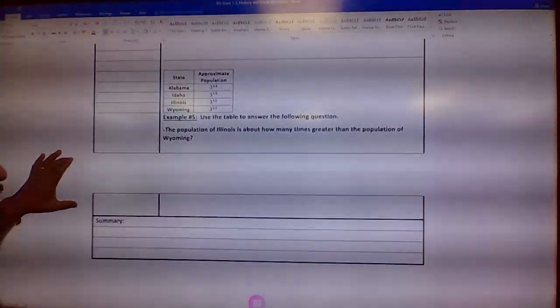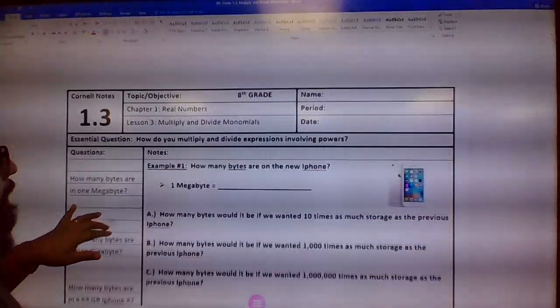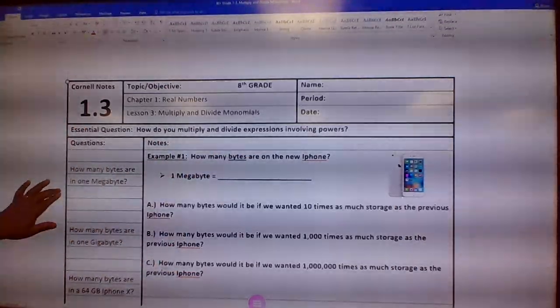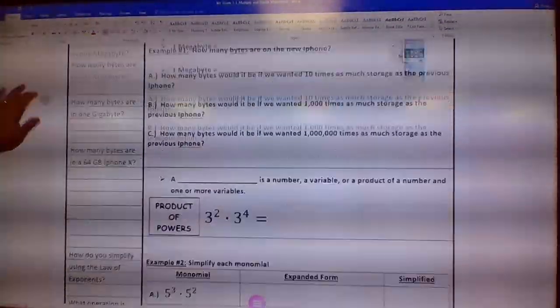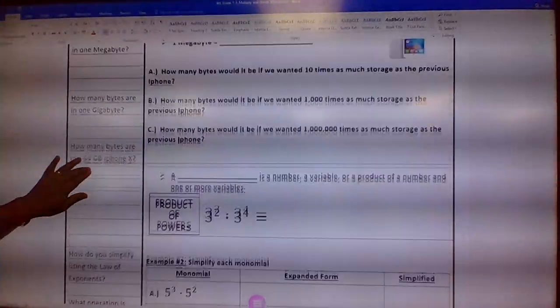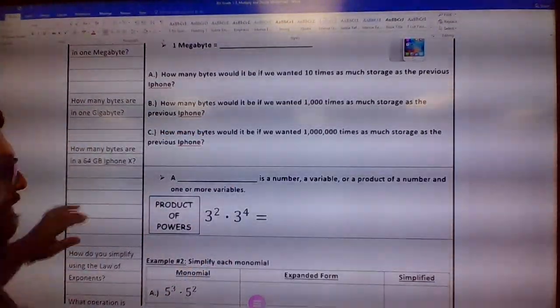Then we did the summary. So the summary is, we answered this question: How do you multiply and divide expressions involving powers? When you multiply them, you add the exponents, yes?